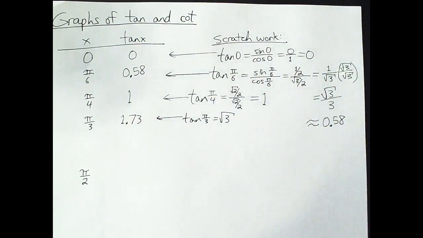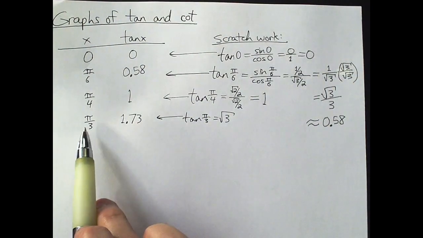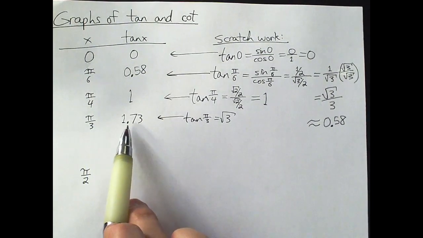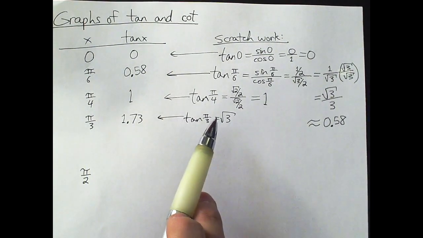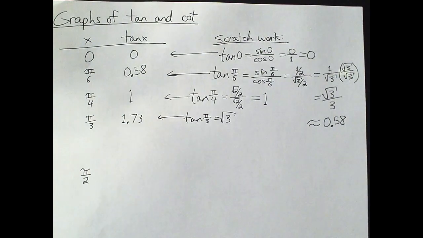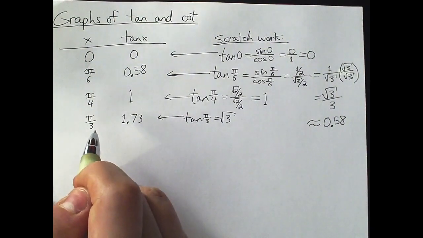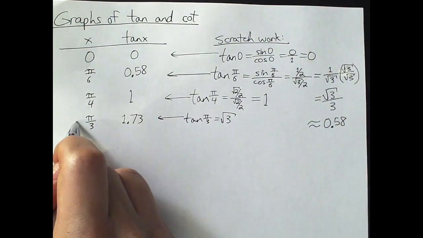Why am I writing it as a decimal? I said we don't use decimals very much in this course. It's because when we graph these points, I'm going to do pi over 3 comma 1.7, and that's going to be easier to do than figure out where the square root of 3 is. You'd probably have to think of it as a decimal anyway. In fact, I'm going to tell you some of these things as a decimal.